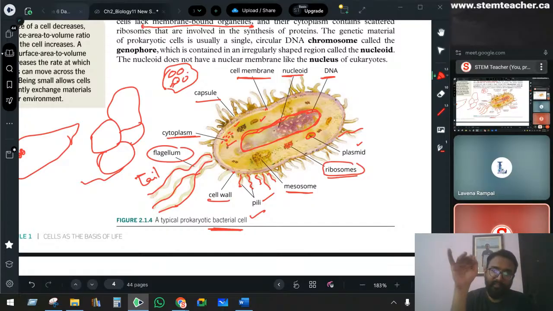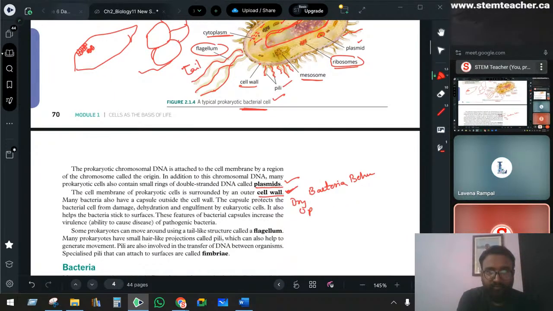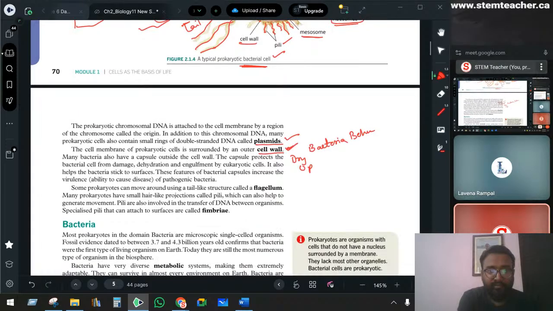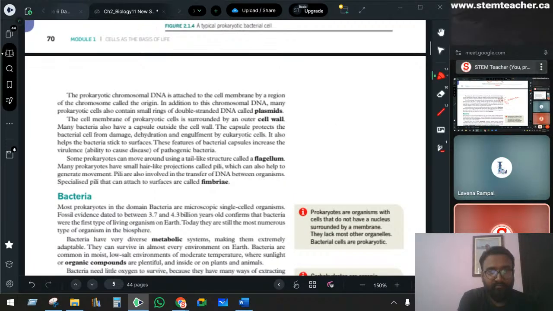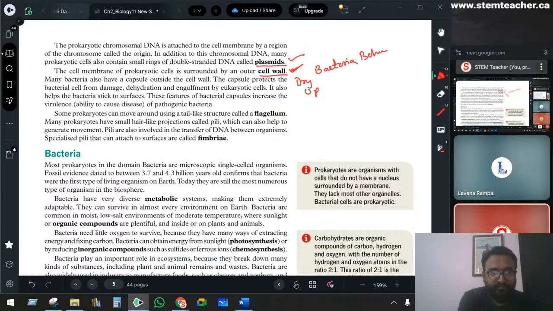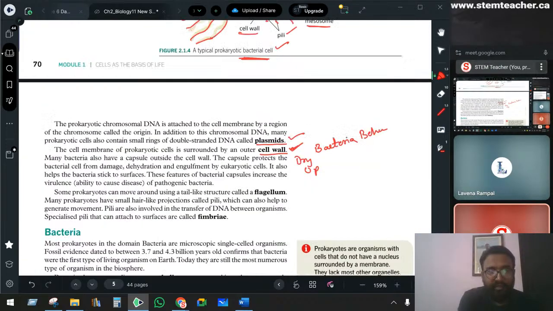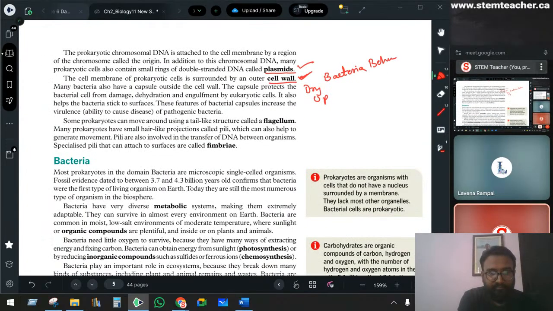Everything will be planned there only, in the nucleus. Without the nucleus, nothing will be decided for division or the synthesis of proteins, and even each and everything regarding the cell functionality. And the flagellum is the tail-like part.